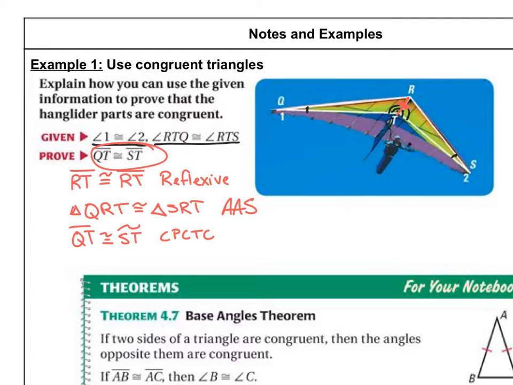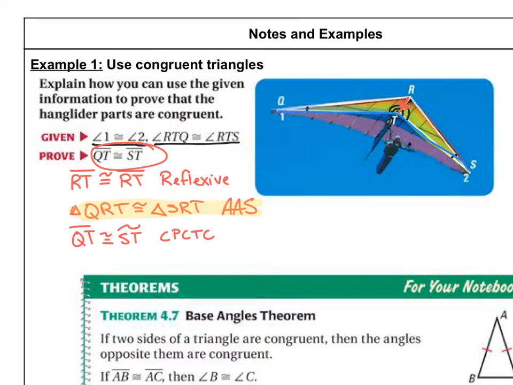So once I can prove that the two triangles are congruent, by doing the angle-angle-side, now I can say that anytime I have corresponding parts, in this case QT, this piece right here, and this piece right here, they are congruent, because once I've proven the triangles are congruent, all the corresponding parts are congruent.